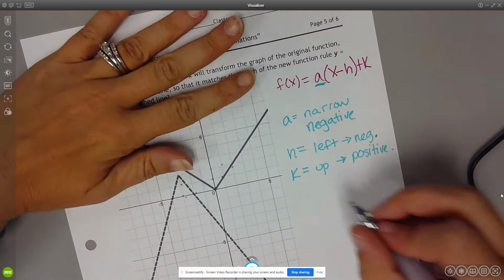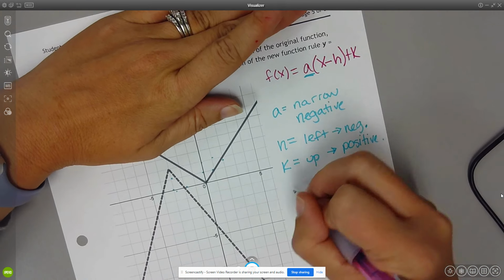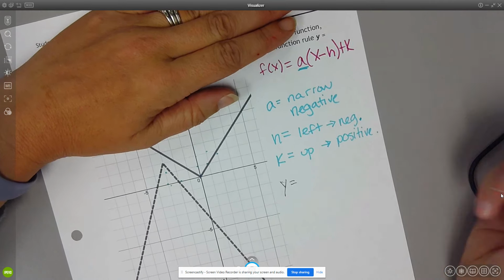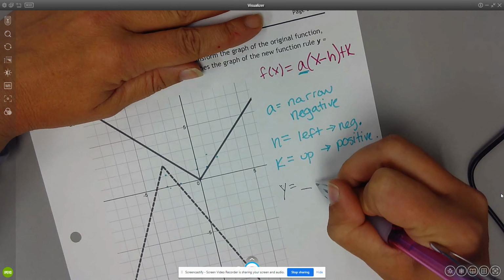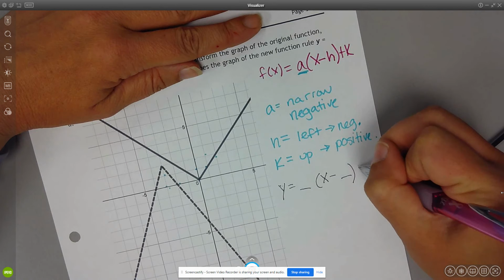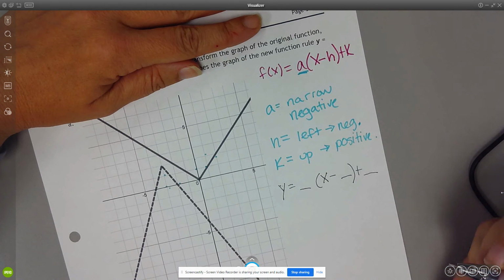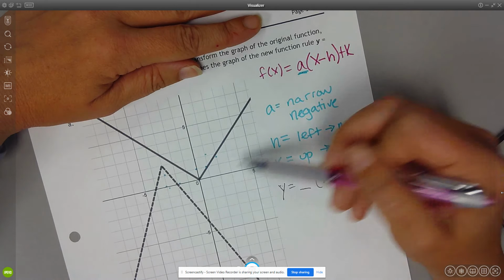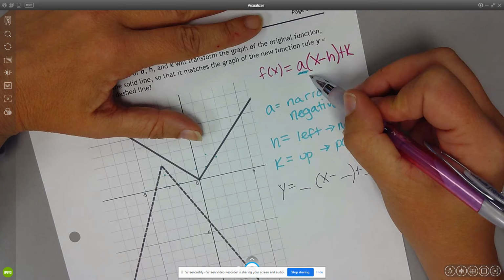We're going to say our new equation, you can call it f of x, you can call it y equals. We're going to say blank times x minus blank plus blank. On this A, when we're dealing with absolute value, that's kind of like our slope.